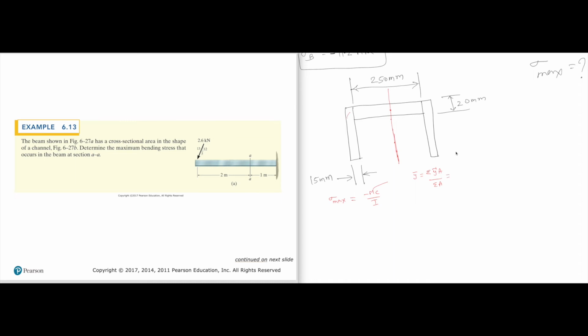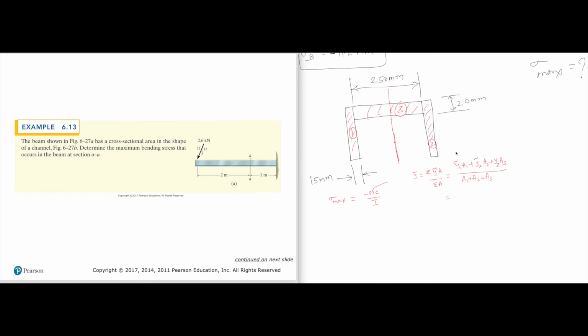Let's call the shape number 1, shape number 2, shape number 3. Then you write y1 A1, y2 A2, y3 A3 over A1 plus A2 plus A3. What is y1? Oh, these are all tildes.